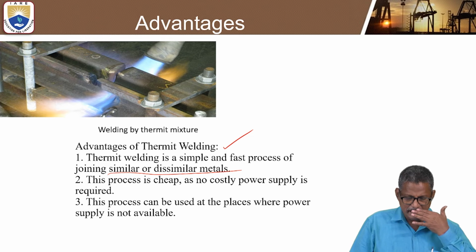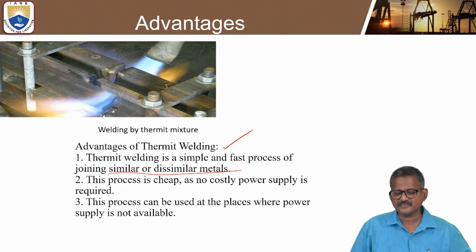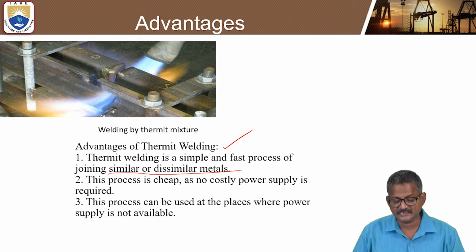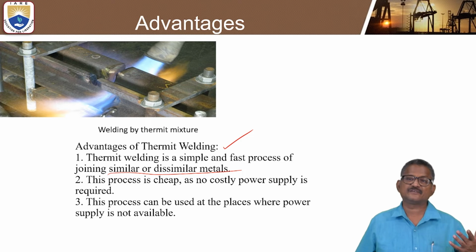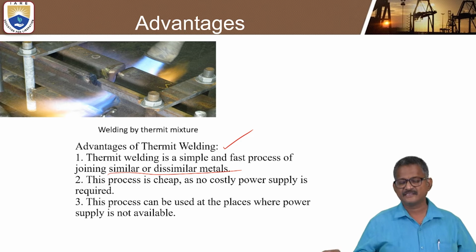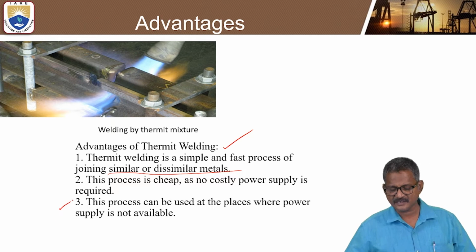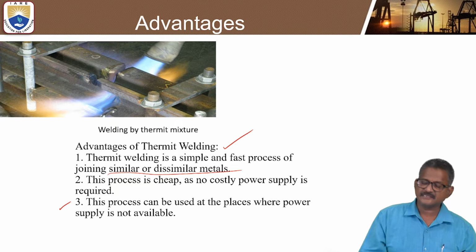The major advantage is that thermite welding is a simple and fast process of joining two similar or dissimilar metals. The second is that no costly power supply is required.